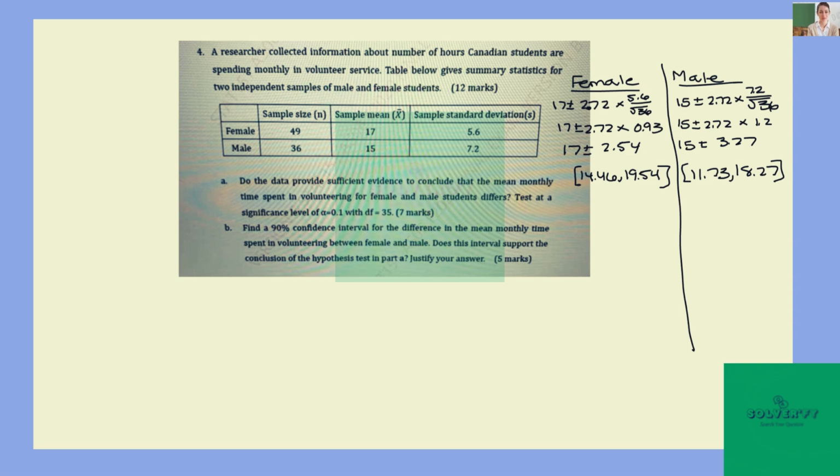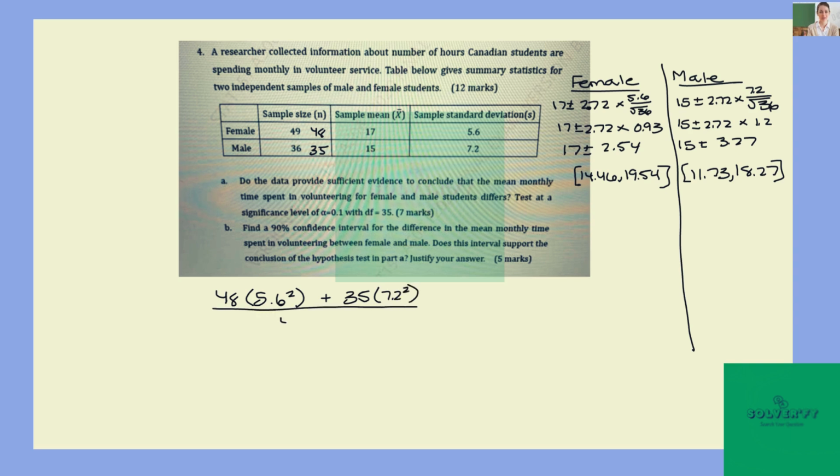And so the first thing that you need to do is you need to pool their variance. So the degree of freedom for the female is 48 and 35 for the male. So you're going to do 48 times 5.6 squared plus 35 times 7.2 squared.